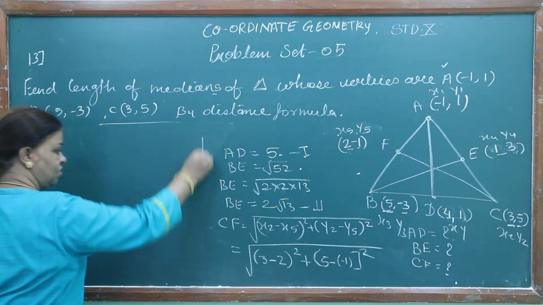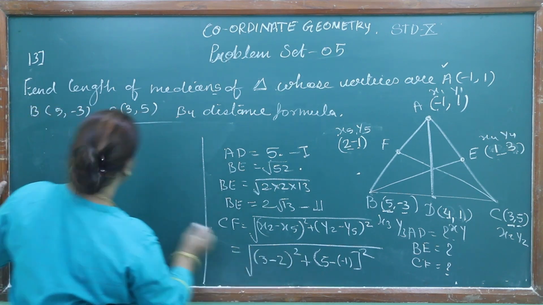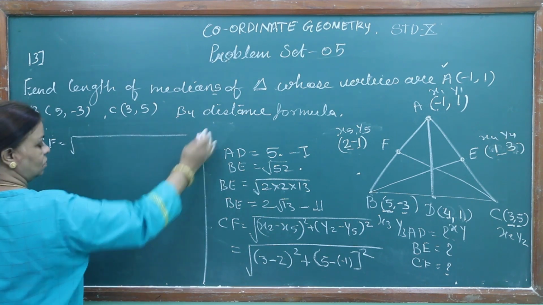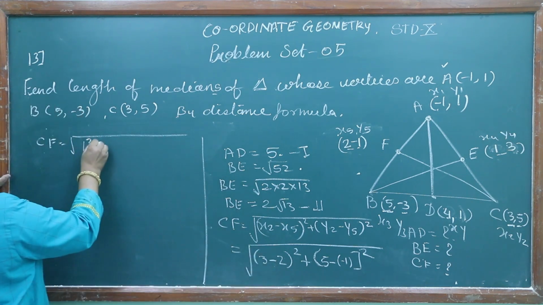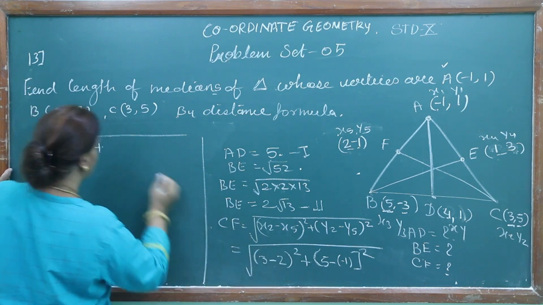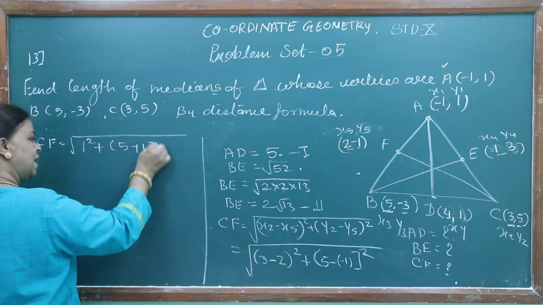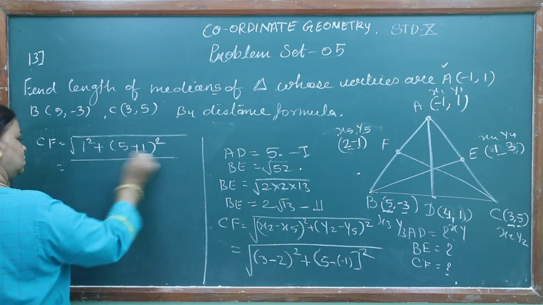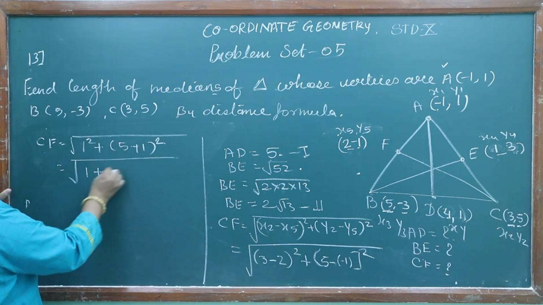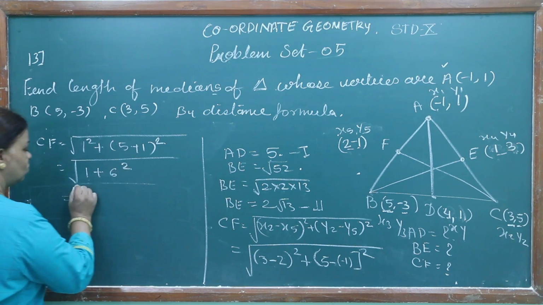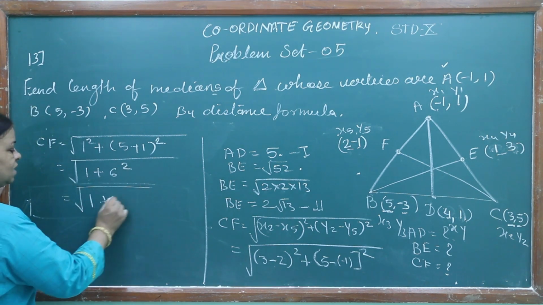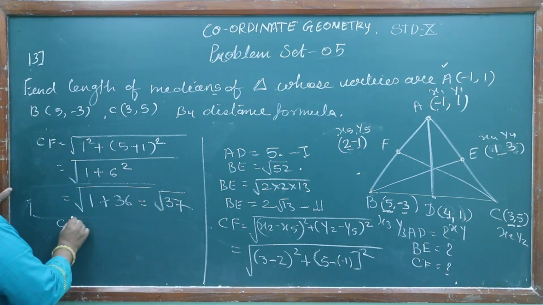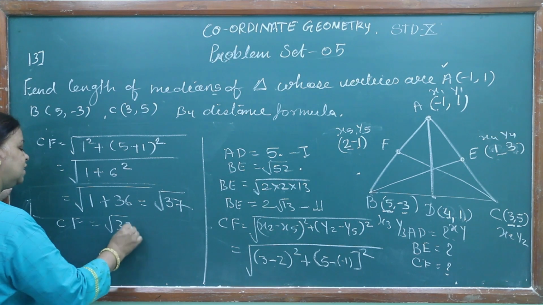We are getting CF now, children. 3 minus 2 is 1. CF is equal to 3 minus 2 is 1 square plus 5 plus 1, minus will become plus, the whole square. 1 plus 6 the whole square is equal to 1 plus 36, which is equal to 37. So CF is equal to under root 37.